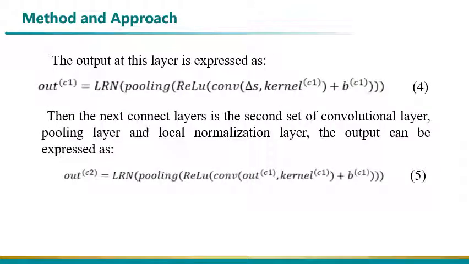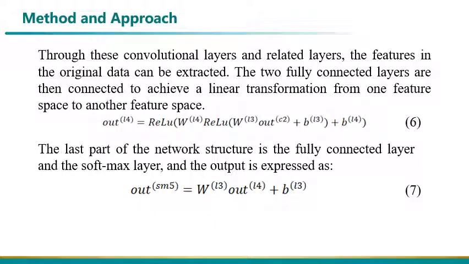The output at this layer is expressed as formula 4. Then the next connected layers are the second set of convolutional layer, pooling layer, and local normalization layer. The output can be expressed as formula 5. Through these convolutional layers and related layers, the features in the original data can be extracted.